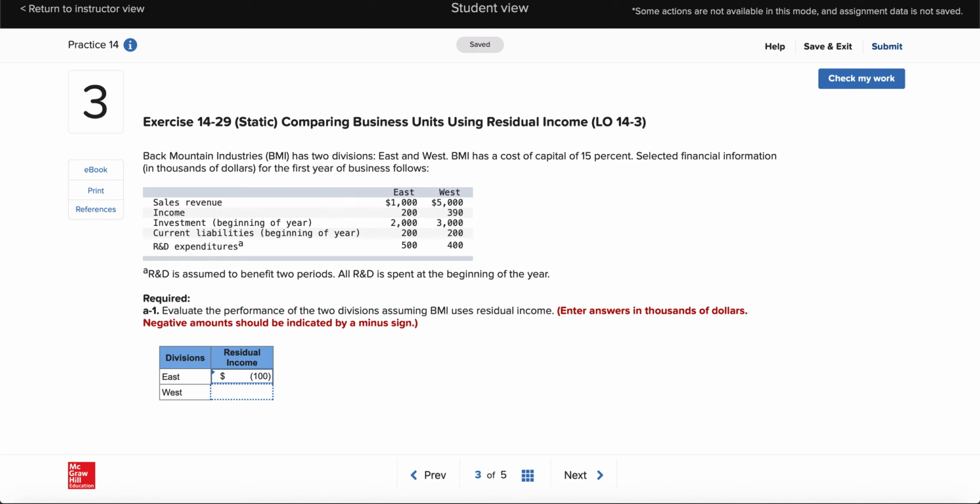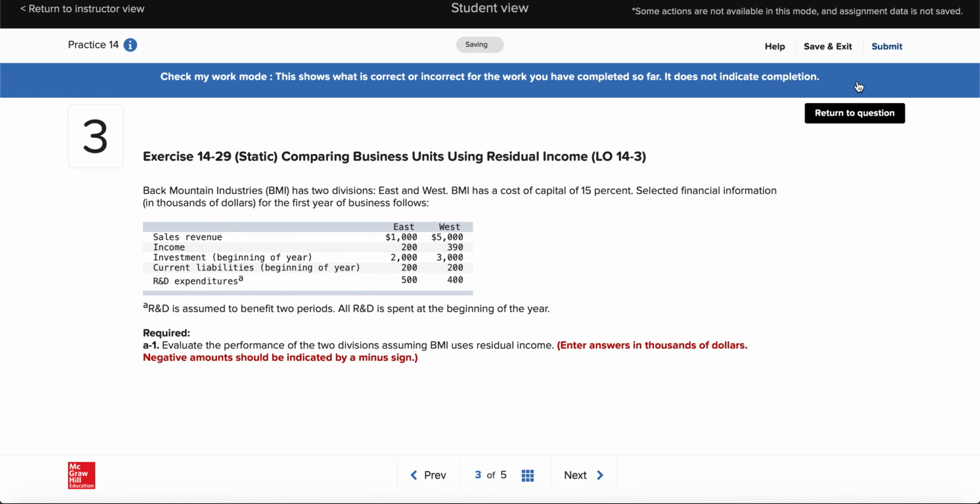And for the West, if we do the same calculations there, we have 390 for our income, and then our investment times cost of capital is 3,000 times the 15%, which gives us 450. So 390 minus 450 gives us a negative 90 there. So our residual income is negative 90. That should be it for this one.